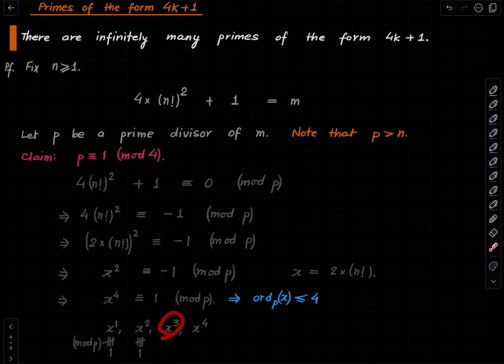But can 3 be the order of x? So if 3 is the order of x, then x cube is congruent to 1 mod P. We already have that x square is congruent to minus 1, so let me write x cube as this.